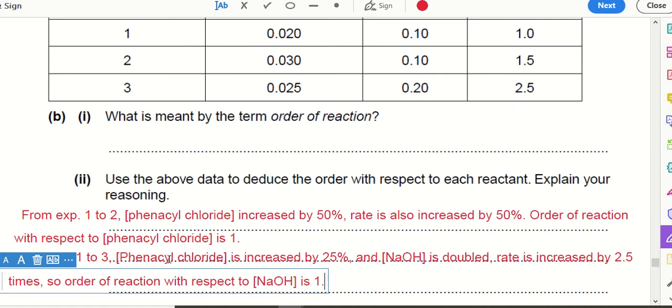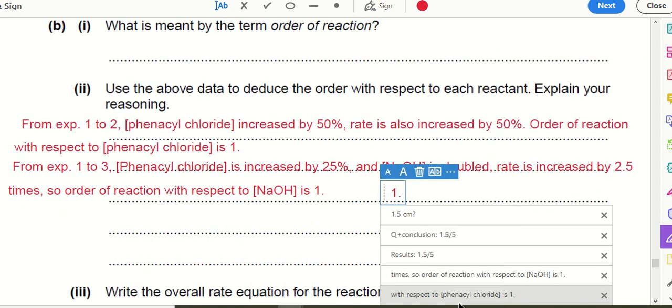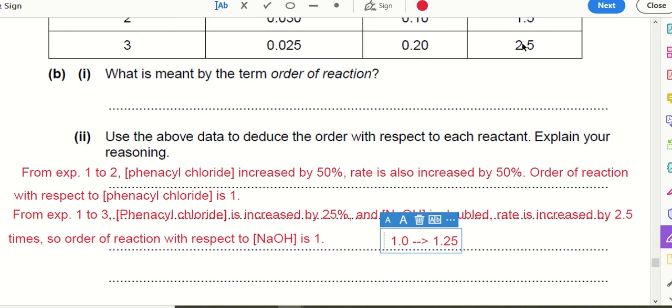If the concentration of phenyl chloride is increased by 25%, the rate of reaction from experiment 1 to 3 should increase by 25%. So 1.0, increased by 25%, will be 1.25. But what we see here is 2.5, which is double 1.25.